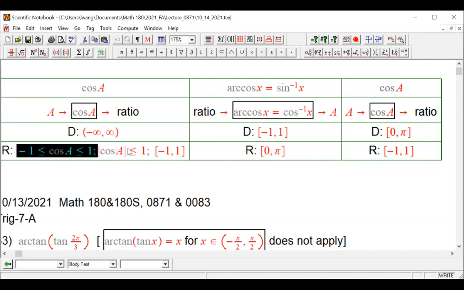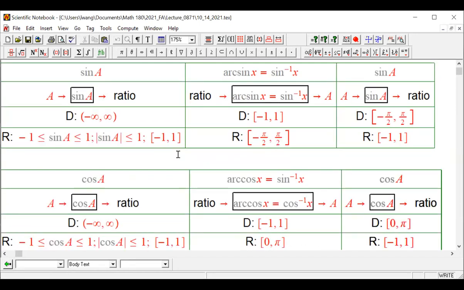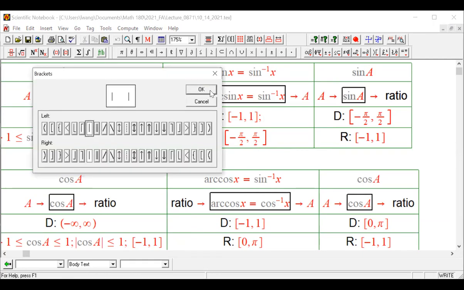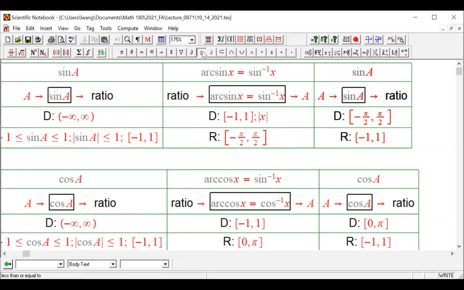I have given you these inequality forms, reflected here on the ArcSine part. So there are other forms to express that. The ratio is going to be between -1 and +1, or the absolute value of x should be less than or equal to 1. That's for the input, the ratio. Or you have -1 less than or equal to x less than or equal to +1.